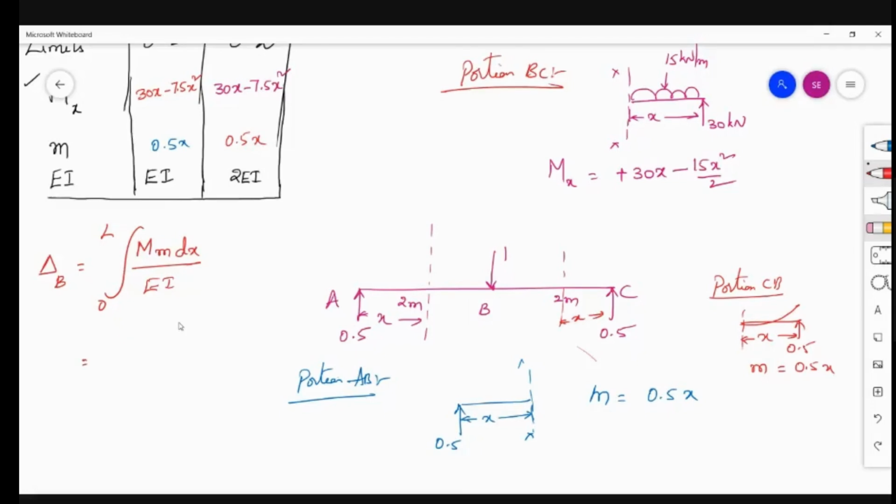Now, this is for portion 0 to 2: 30 into x minus 7.5 x squared.